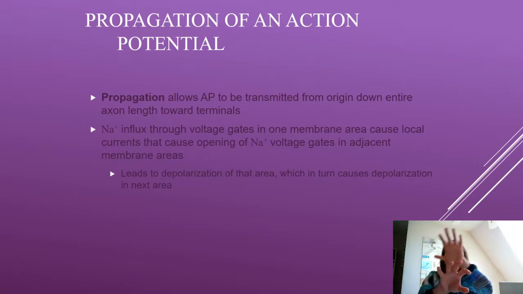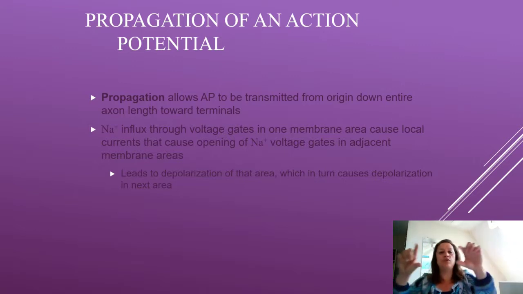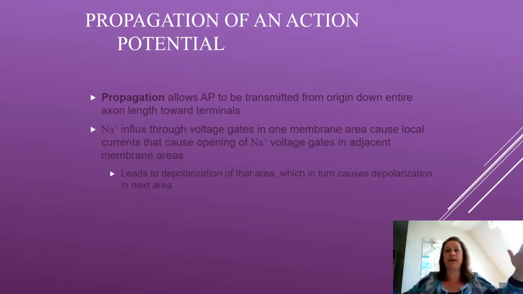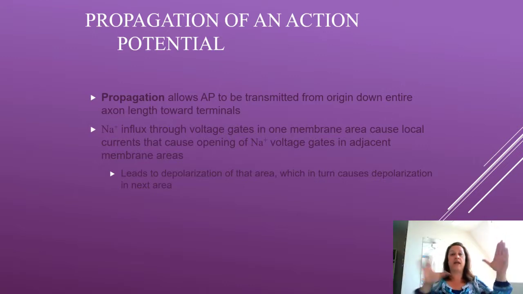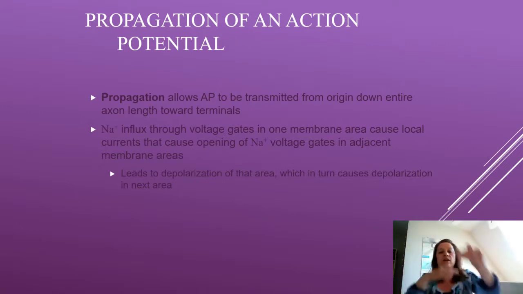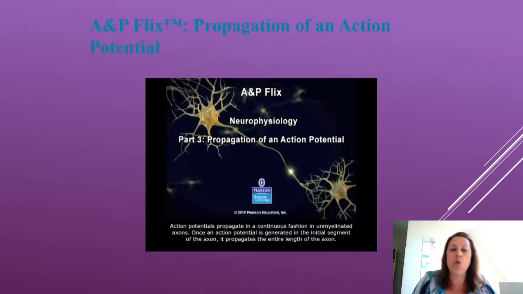So this is depolarizing, this is repolarizing, this is hyperpolarizing, this is back. And it moves down the membrane. It's not happening along the length of the entire thing. It moves all the way down. So the depolarization here causes depolarization here, which causes it here, which causes it here. So it's like a domino effect once the threshold is achieved. Again, watch the propagation of an action potential.